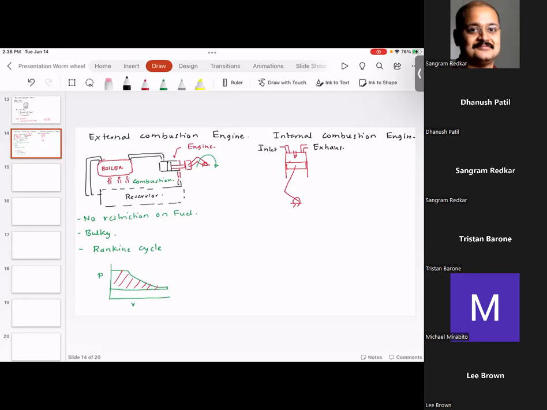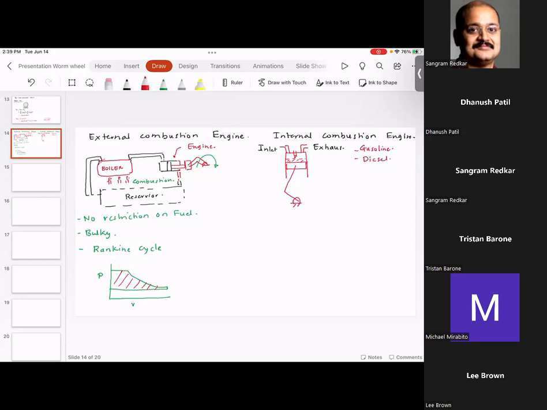So there are two types. One is a gasoline engine or gas engine. And the other one is the diesel engine. In a gasoline engine, you have the air-fuel mixture that comes through the inlet, and then this air-fuel mixture is compressed, and at the end of the compression you have the air-fuel mixture at high temperature and high pressure.